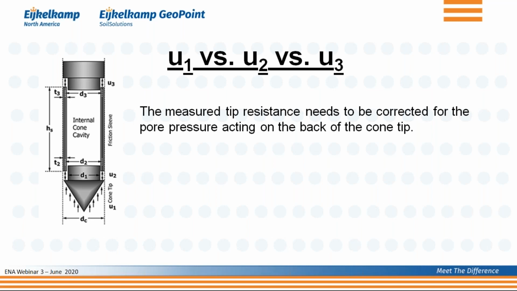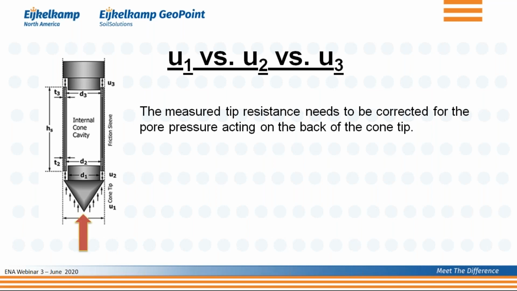What you see there is the cone with the friction sleeve behind it. What you want to measure is really the true force on the cone tip. But unfortunately, because you have to have this opening for your pore pressure readings, and the movement of the cone tip and the friction sleeve independently, there's a small opening there, and you get a pressure acting in the opposite direction on the back of the cone.